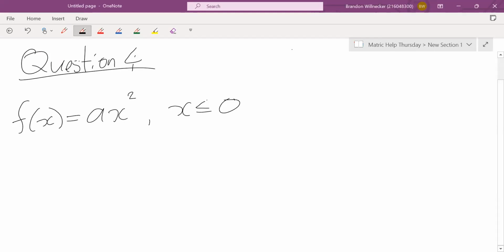Okay, so f of x is equal to ax squared. Okay, and we also want to consider f inverse of x. Okay, so we've got f and f inverse, where we've got a point P given by -6 -12, which is a point on f.